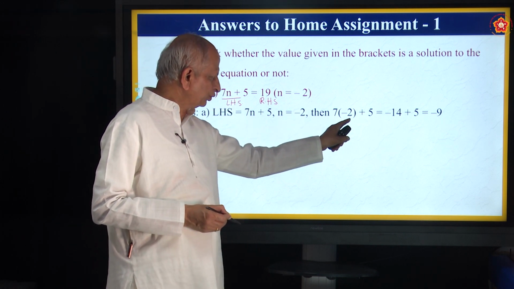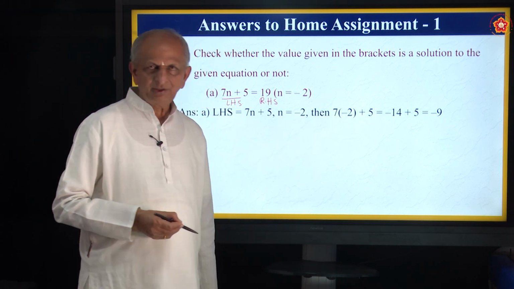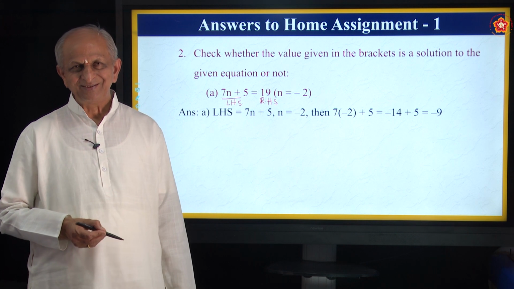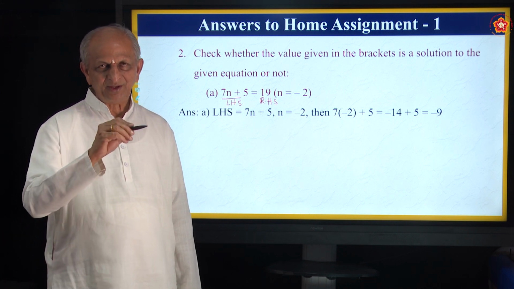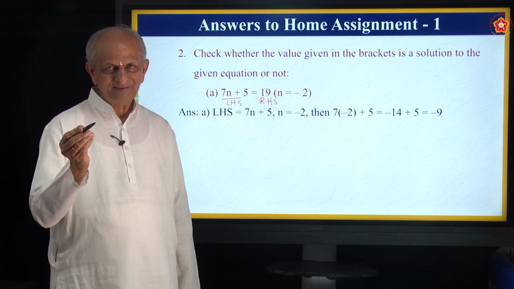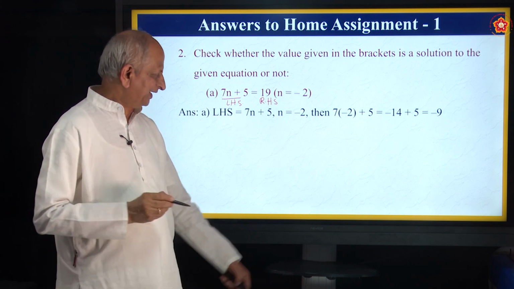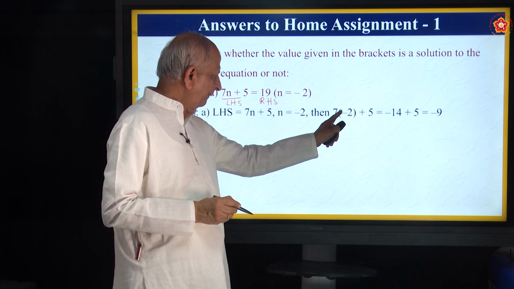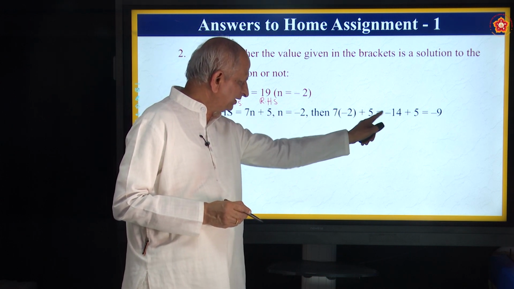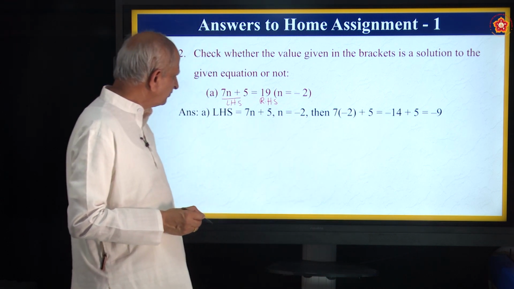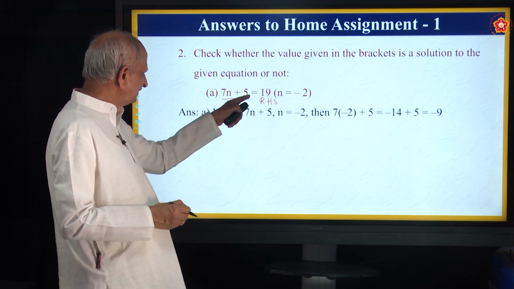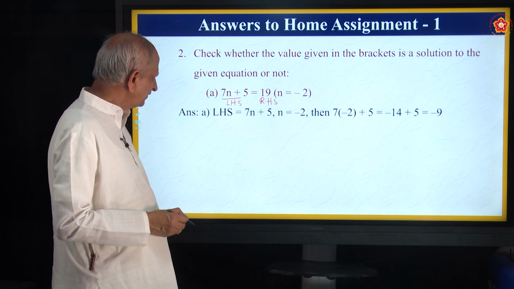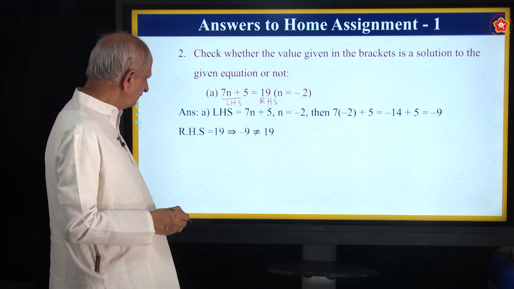7 into minus 2 plus 5, 7 2s are how much? You know the multiplication table of 7, 7 1s are 7, 7 2s are, come on, 14, correct. 7 into minus 2 becomes minus 14, plus 5 becomes minus 9, but they have given it as 19. So, it does not hold good.